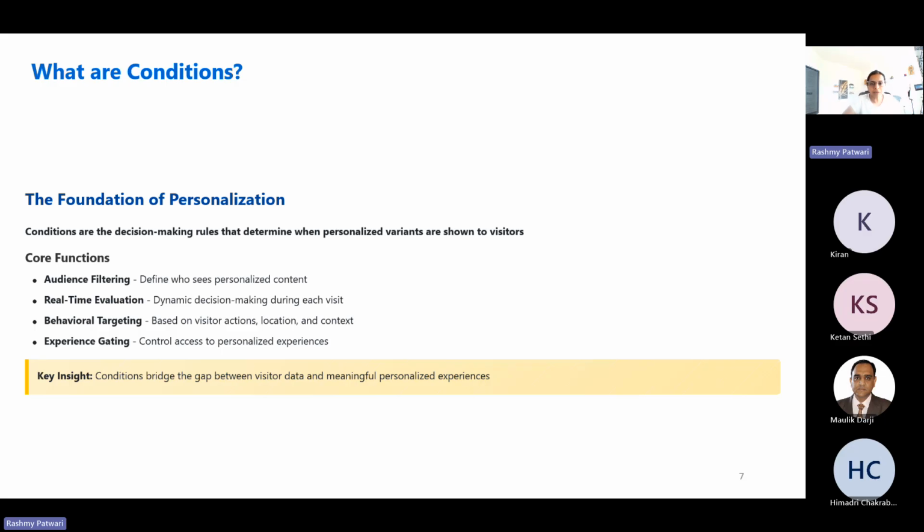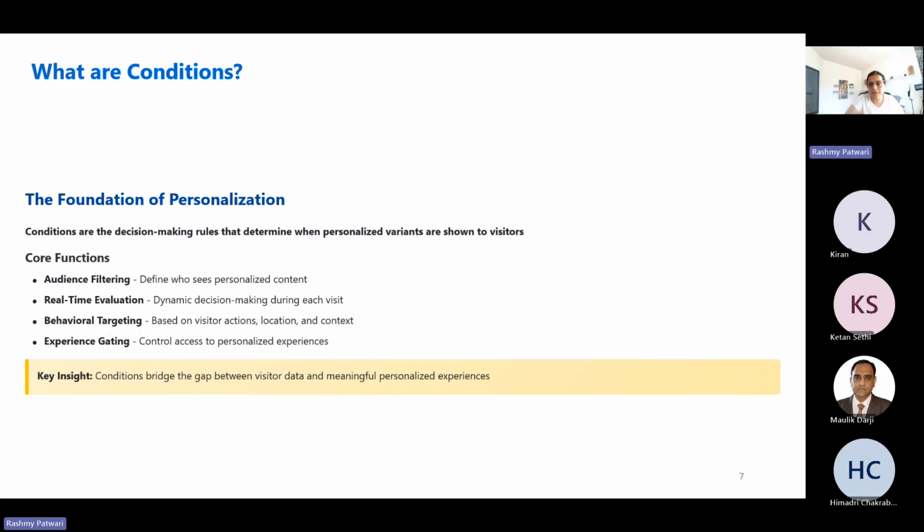The main one, which we have probably already seen, is filtering of audiences. This is part of the box. When we start building embedded experiences using XM Cloud, conditions can be used to filter the audience. For example, I have this page, but some parts of this page should be visible only to a certain audience.